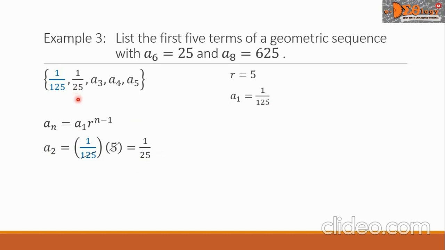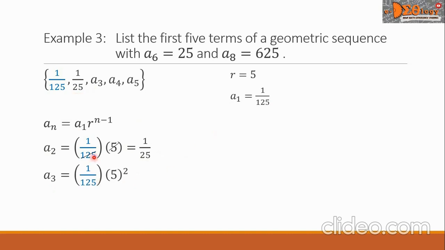Next, let us find a sub 3. Using our general term formula, we have a sub 3 equals a sub 1 times r raised to 3 minus 1 or 2. And then let us substitute our values.